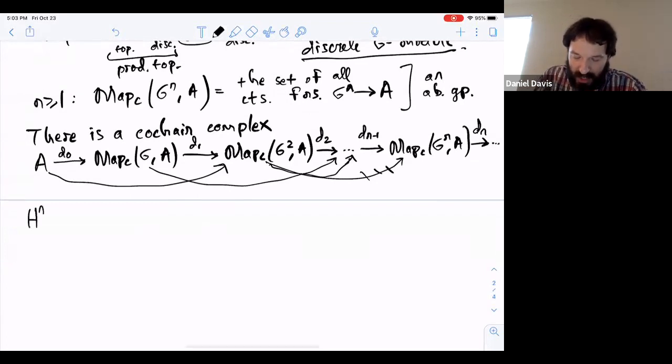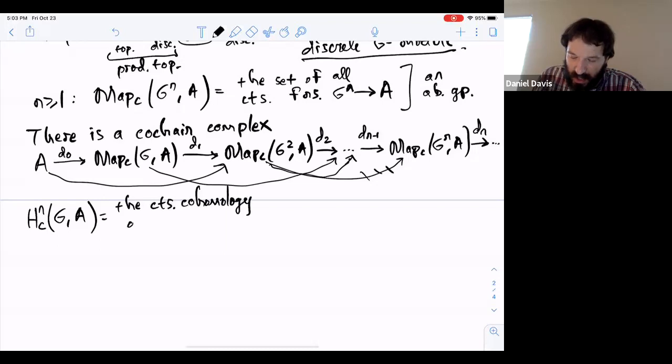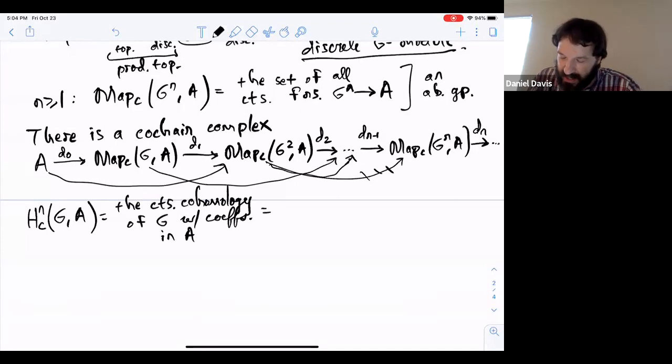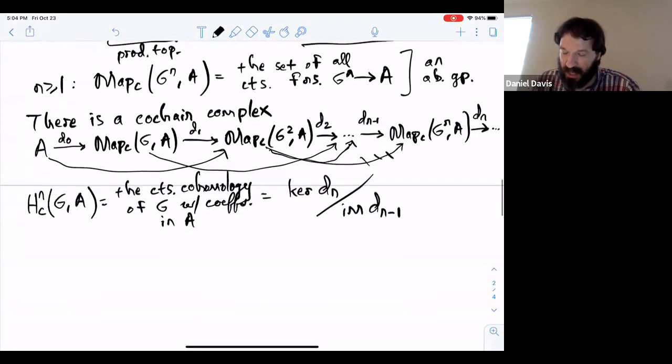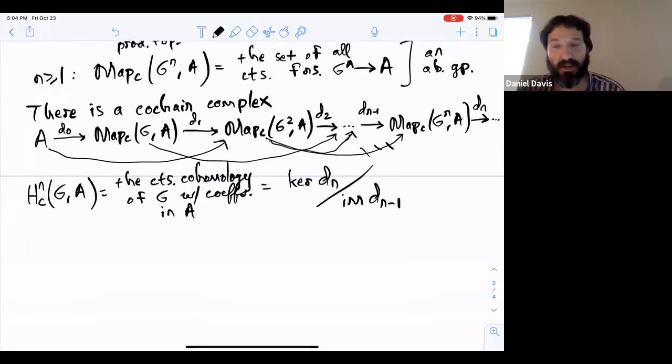Since we have a cochain complex, we can make the following definition: H^n sub C of G comma A is defined to be the continuous cohomology of G with coefficients in A. The definition is analogous to the earlier definition: we go to the n spot, take the kernel, and quotient that out by the image. So this is the continuous cohomology.